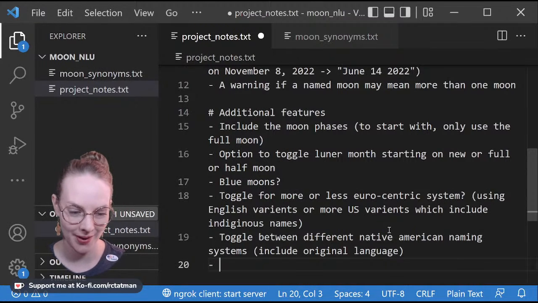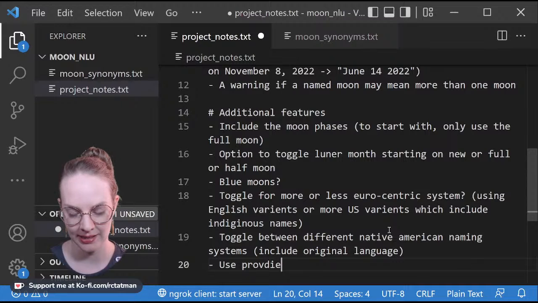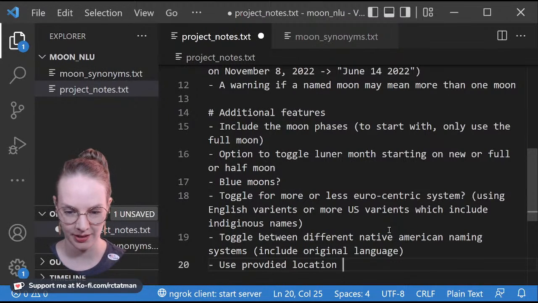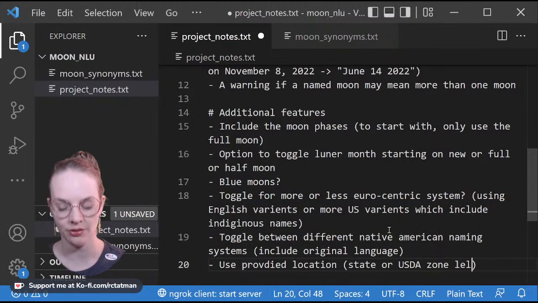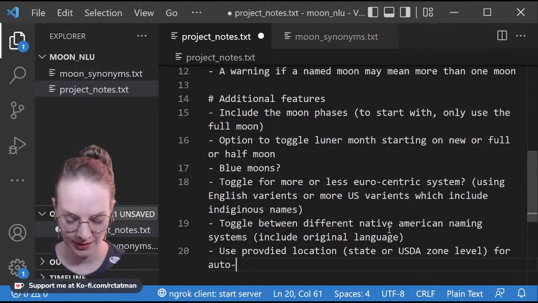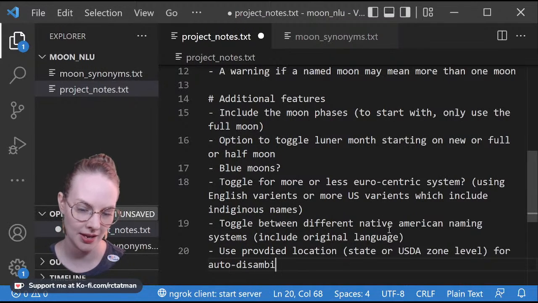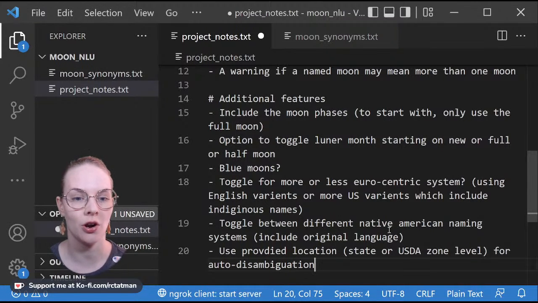And another thing would be use provided location, state or USDA zone level for auto disambiguation.